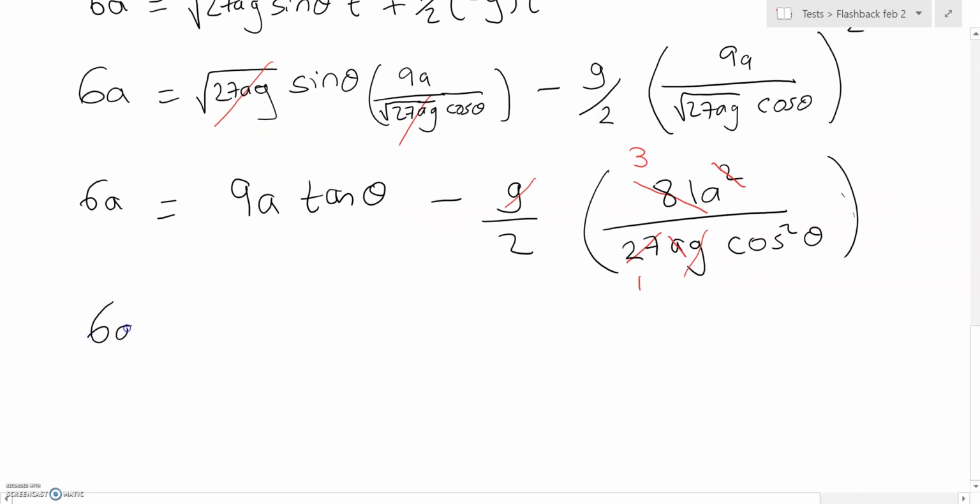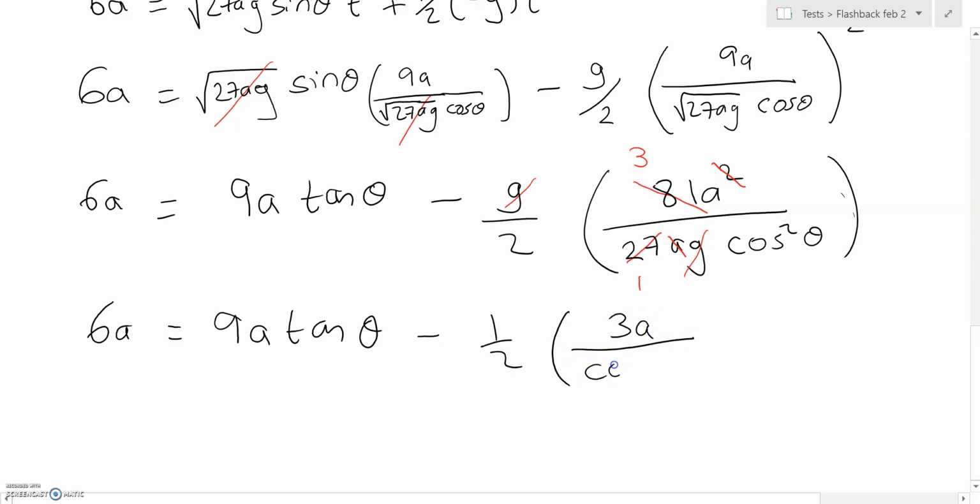So we're going to get 6a is equal to 9a tan theta minus, we've got half left on the outside, on the inside we've got 3a in the numerator over cos squared theta.